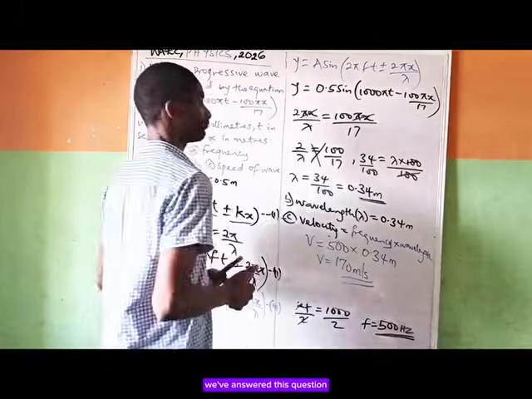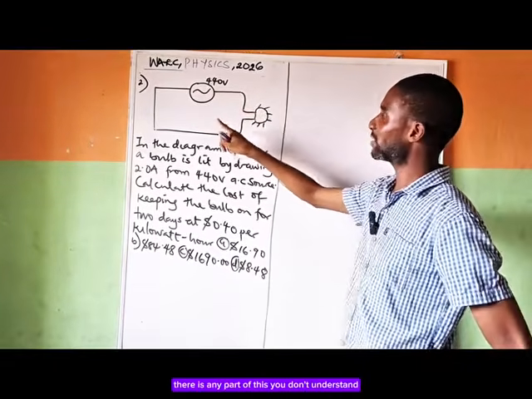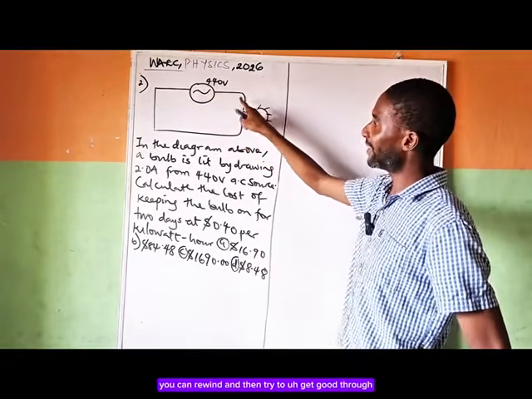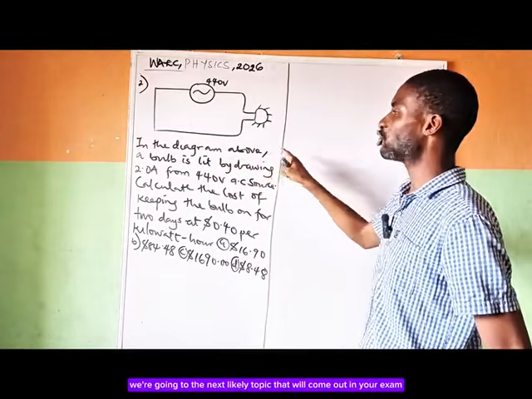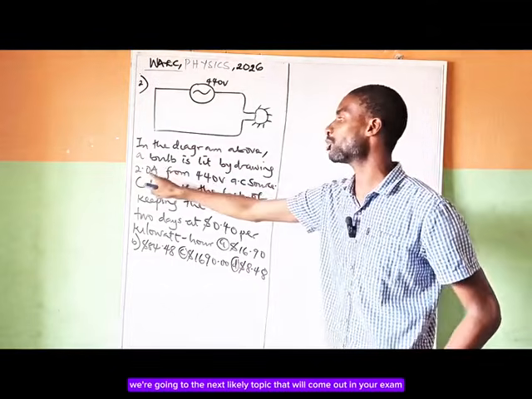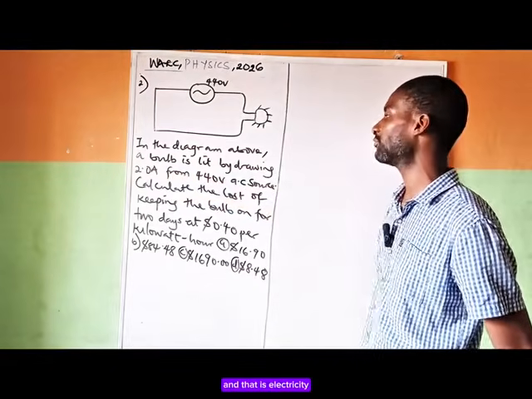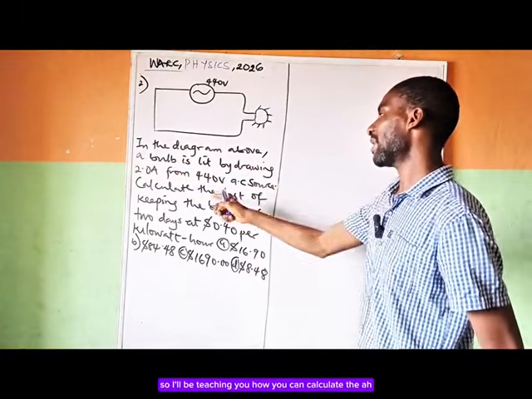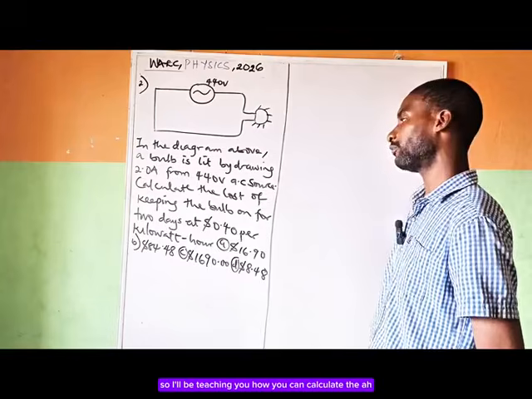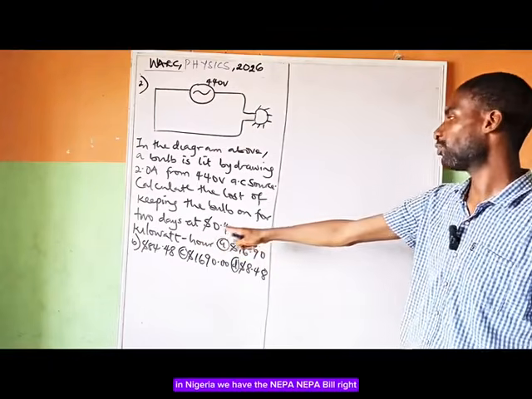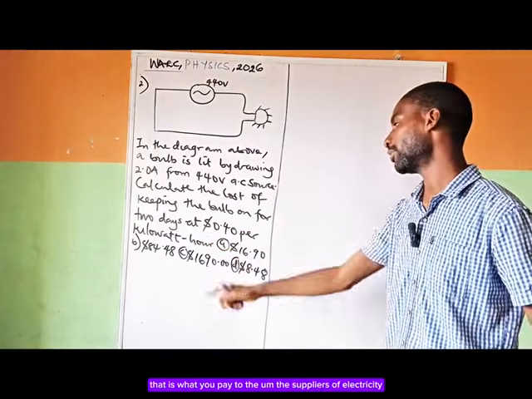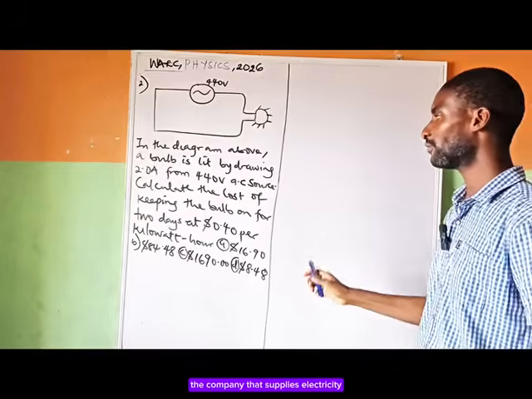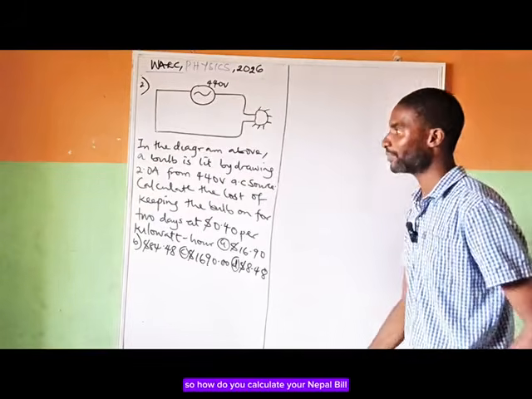Come with me. You have an electric circuit and you have a bulb connected to, in the diagram above, a bulb lit by drawing 2.0 amperes from a 440 volts AC source. Calculate the cost of keeping the bulb on for 2 days at $0.40 per kilowatt hour. Take note of that. So let's quickly draw out the parameters given.